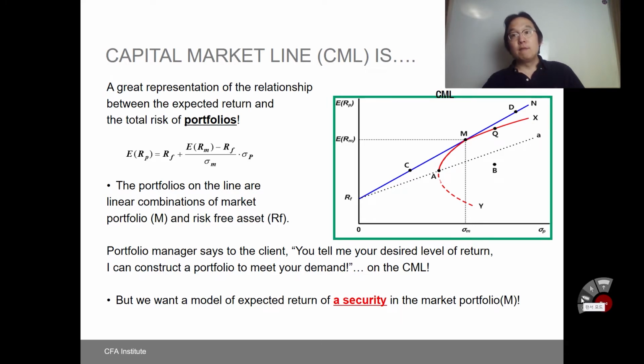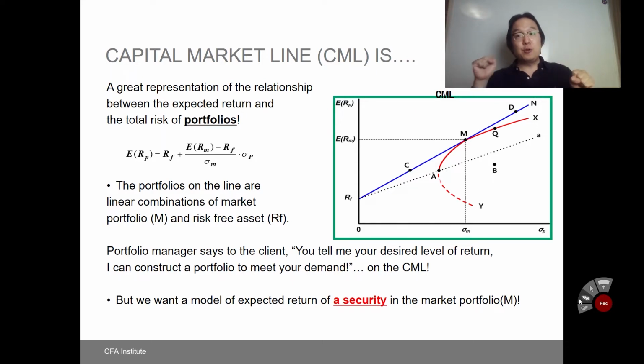And then we had the two fund theorem. One of the funds in your portfolio has to be the risk-free asset. The other fund is your market portfolio, or the portfolio that has all the risky assets, not risk-free assets. So you have two different kinds of funds in your portfolio.